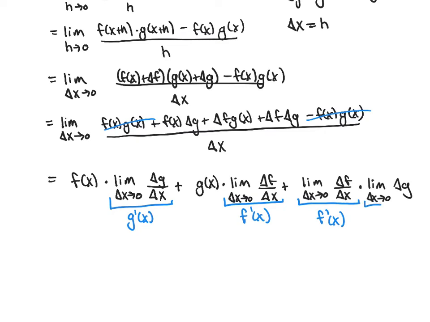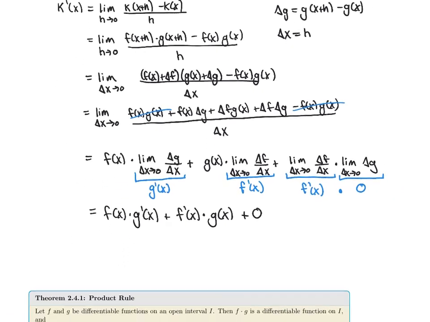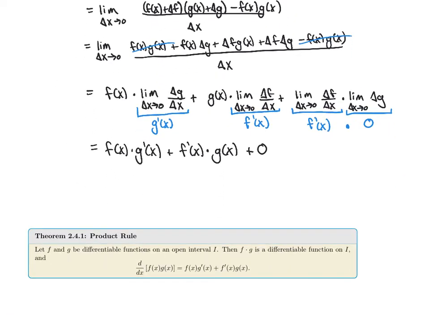So this is actually just a 0. So what am I left with? I'm left with f of x times g prime of x plus f prime of x multiplied by g of x plus a 0. And that is actually our shortcut product rule.